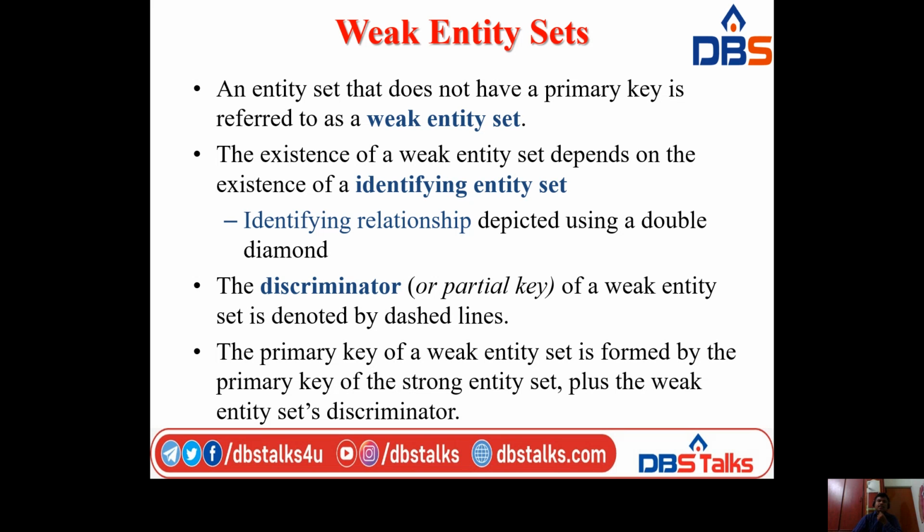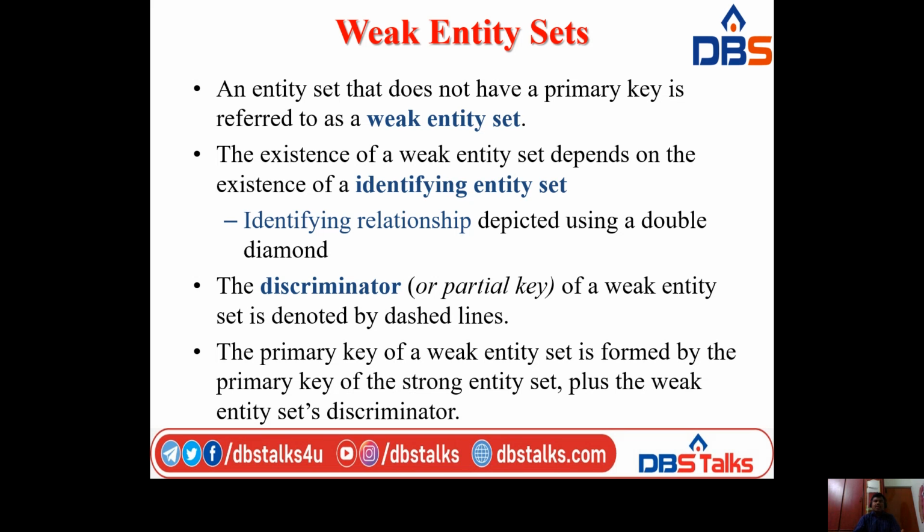Now we come to the different types of entity sets. Some sets are weak and some sets are strong. Coming to the weak entity set initially: an entity set that does not have a primary key is referred to as a weak entity set.